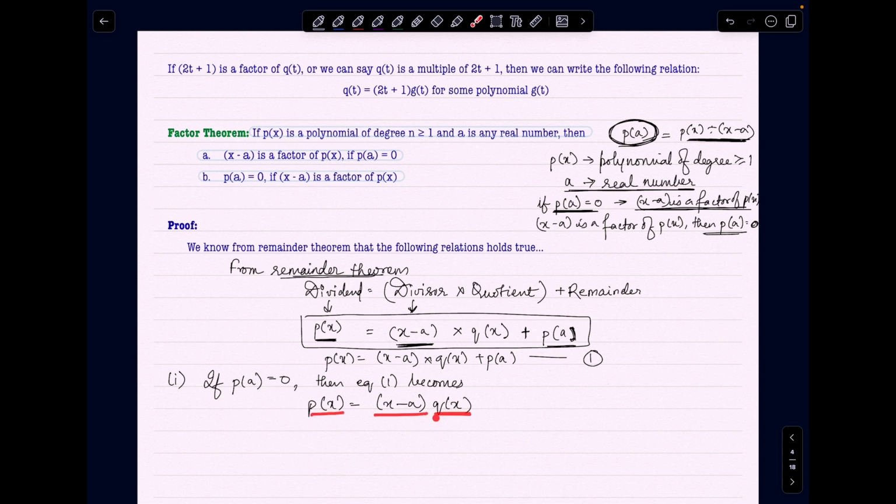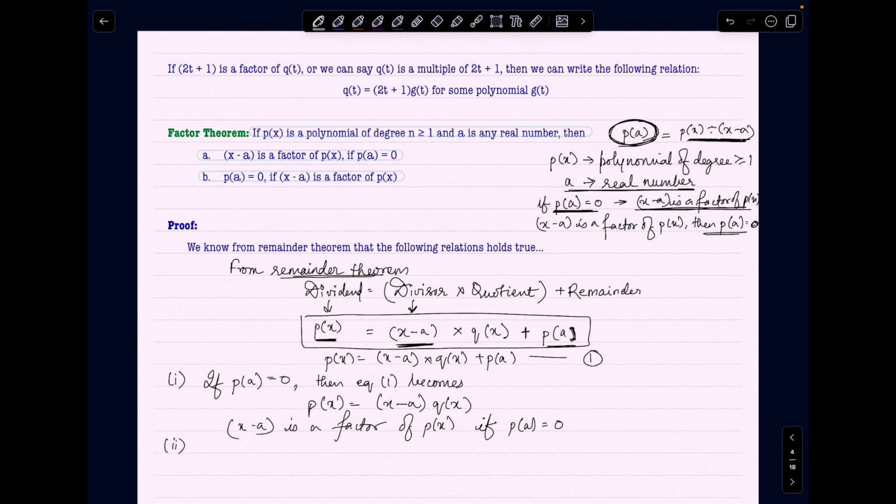So x minus a and q of x are factors of p of x. From here you see that if p of a becomes 0, then only we can say x minus a is a factor of p of x.